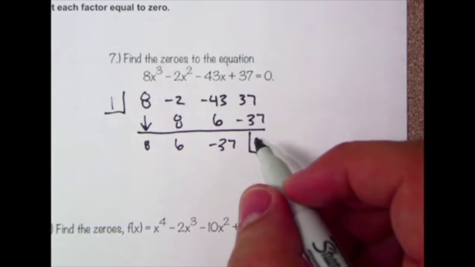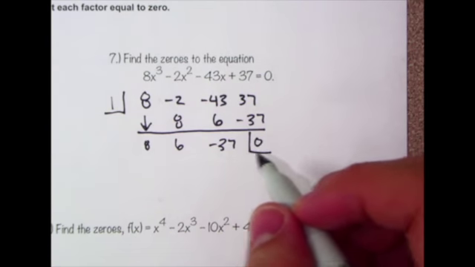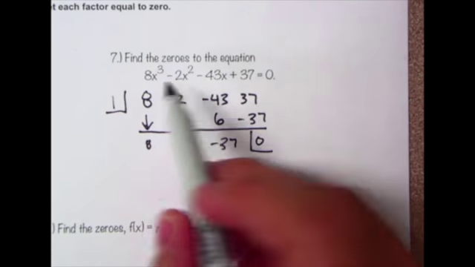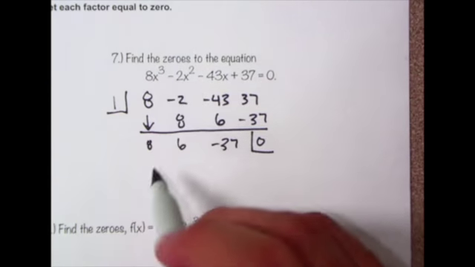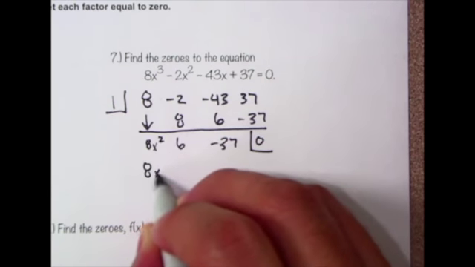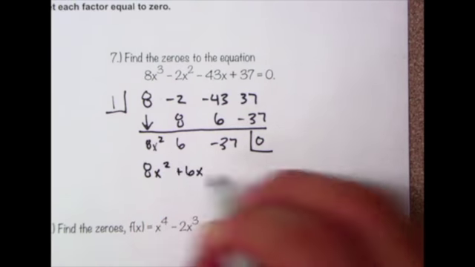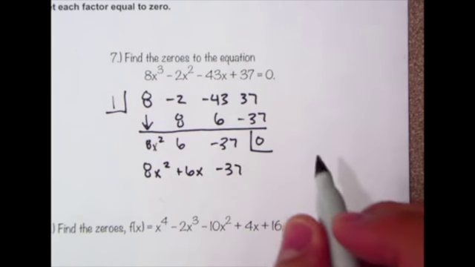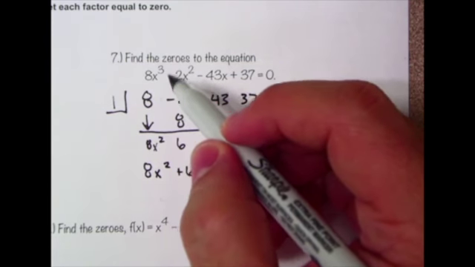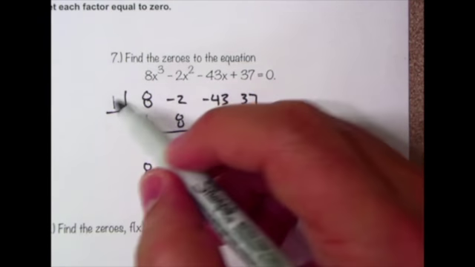Now here's the fun part. This was an x to the third, so now this is an x squared. So now I have 8x squared plus 6x minus 37. So the question is, well, Mr. G, I know that I'm supposed to have 3 solutions, but I only have 1.